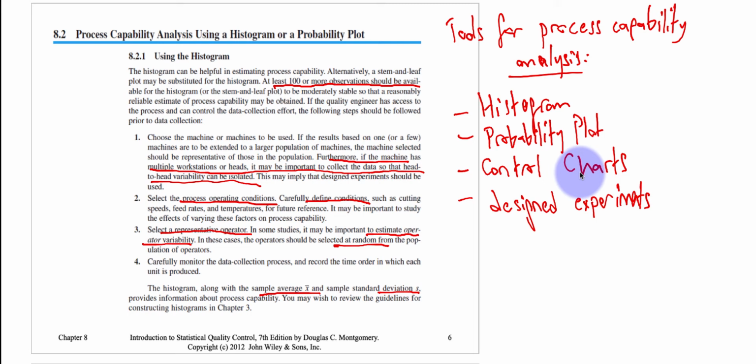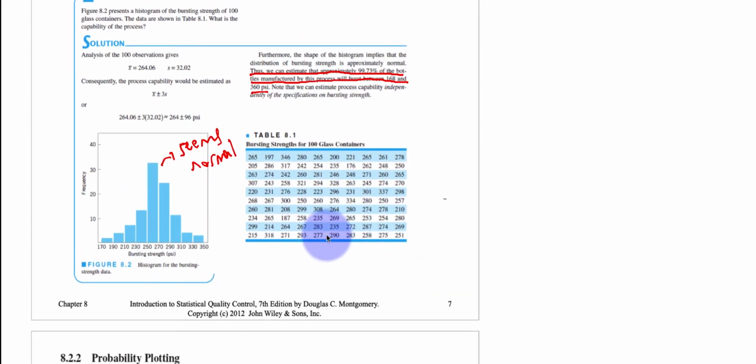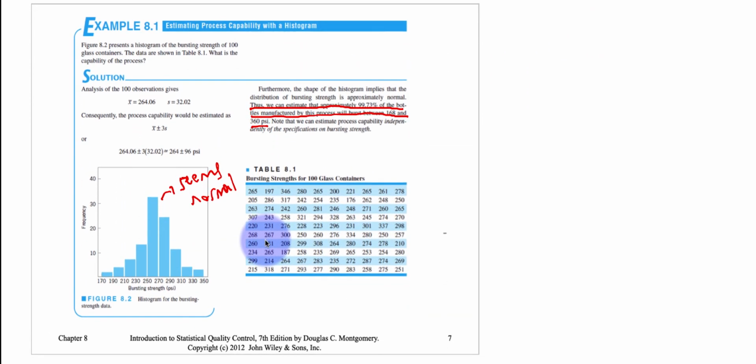Let's start off with the histogram. Histogram tool, you are familiar with this tool. We use the histogram to make things visual, when we want to see the distribution of the data, right? If we use a histogram, we can visualize the process data, the quality characteristics data.